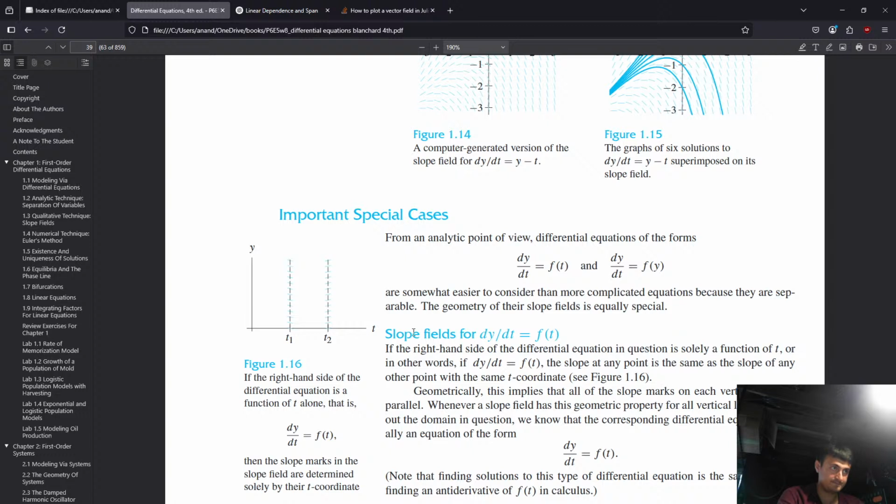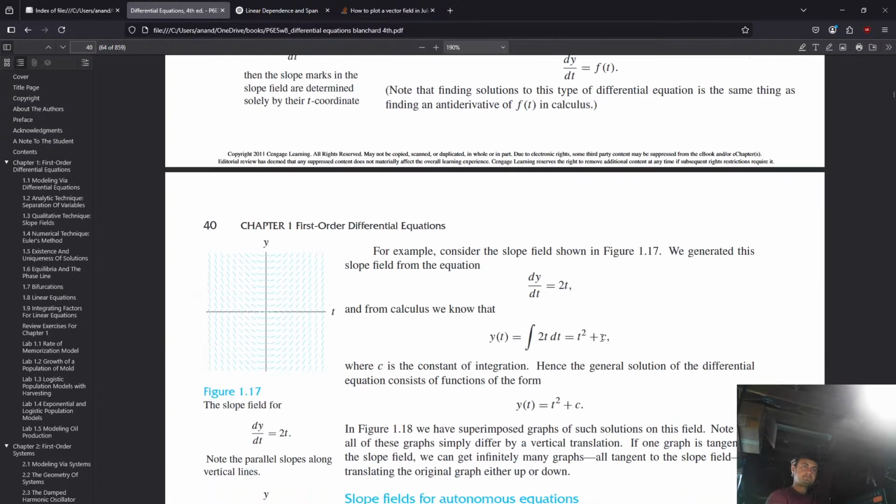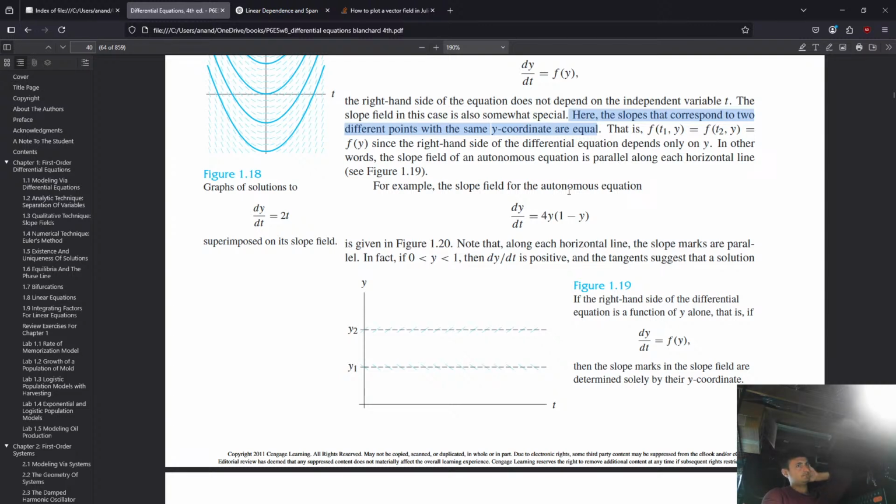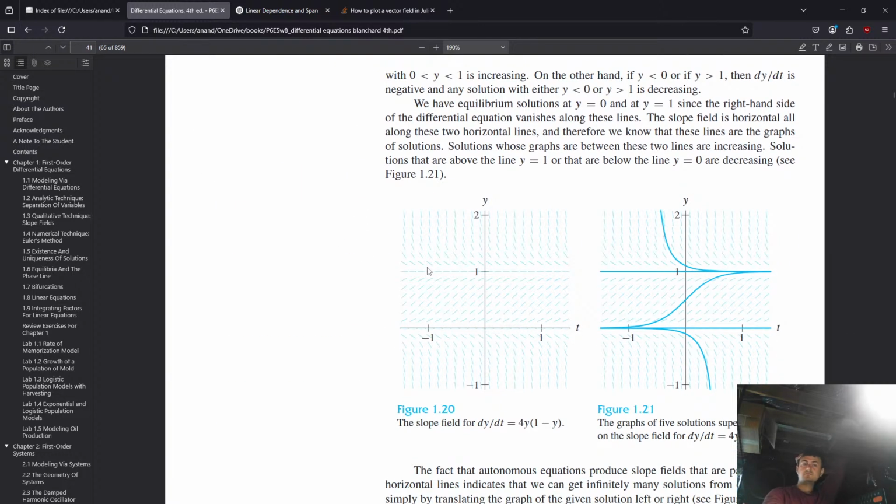Okay. Yeah. Oh, there we go. There's that logistic equation.